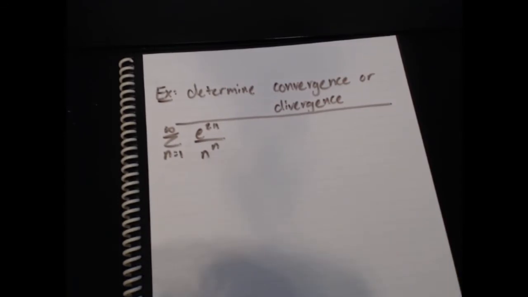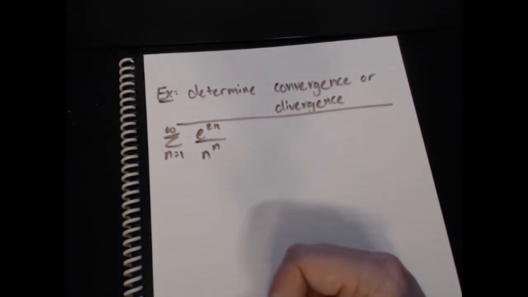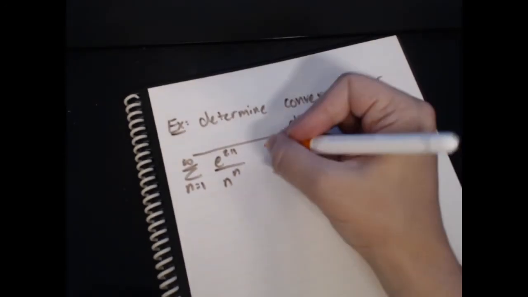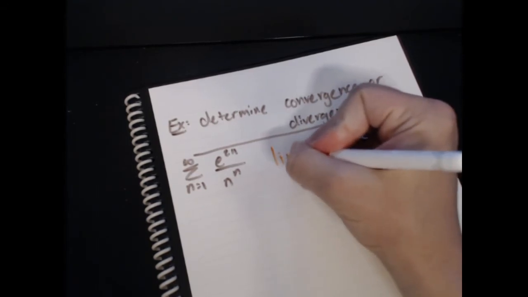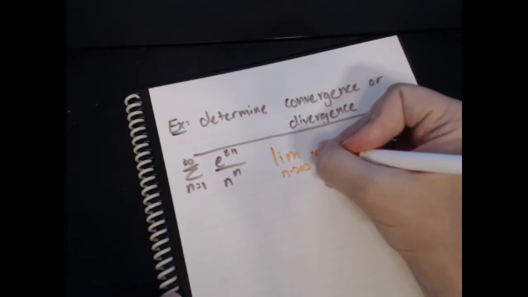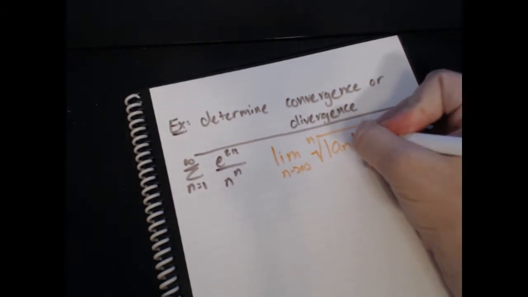So the way the root test works is you have n in both of the powers, correct? Correct. All right, so then you take the limit as n approaches infinity of the nth root of the absolute value of a sub n.